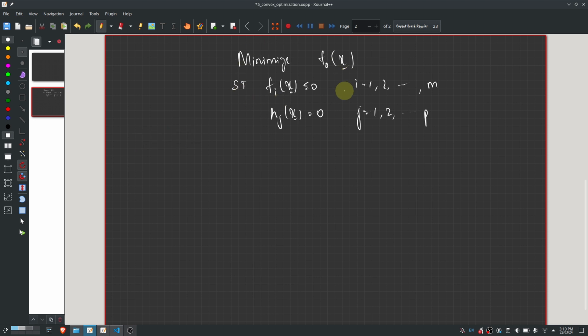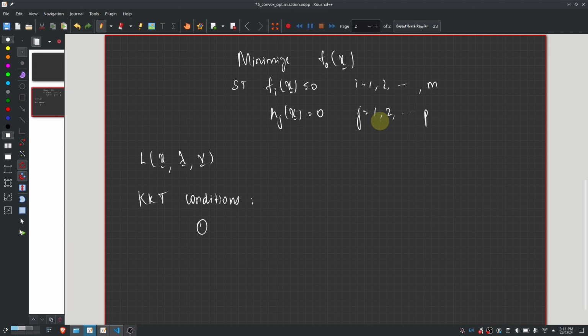And in order to solve this, we can use the KKT conditions. Maybe even before that, we define the so-called Lagrangian L of x, lambda, nu, where lambda is a vector containing m components and nu is a vector containing p components.